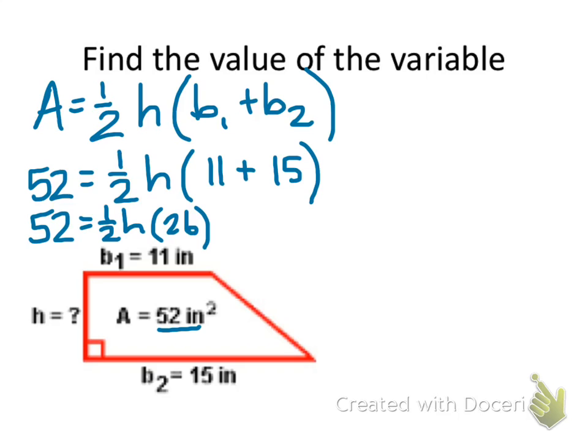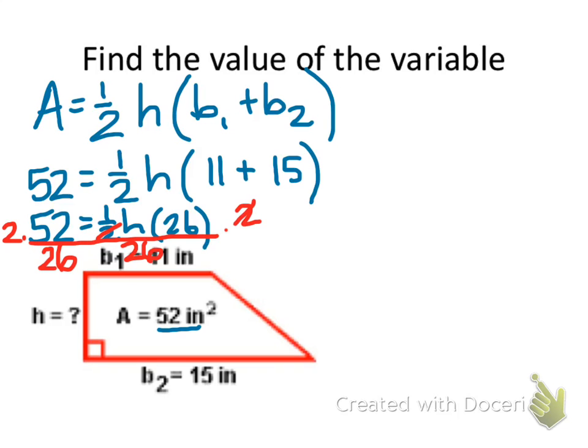Okay, so to undo what is being done, we would take our 52 and use inverse operations. I'll use some different color ink here to show them. To get rid of the 26, we will be dividing by 26, and to get rid of the half, we will be multiplying both sides by 2.